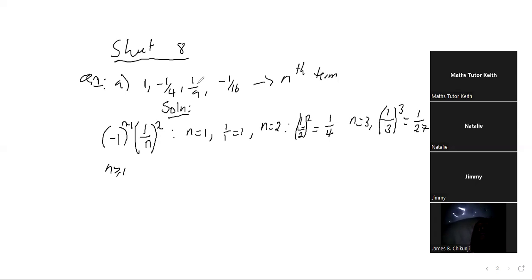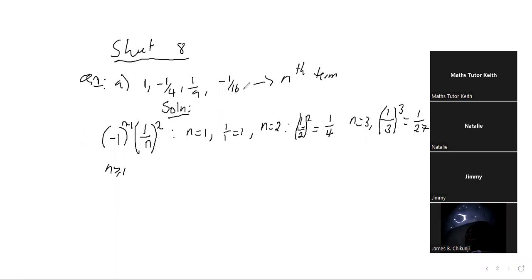The next one, you have 3. 3 minus 1 is 2. So I have a positive there. And then I have 1 over 3 squared, that is 9. The next one, I have 4. So 4 minus 1, that is 3. -1 to the power 3, I get a negative. And then 4 squared, that is 16.